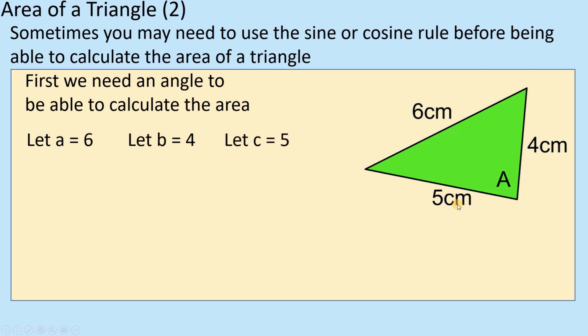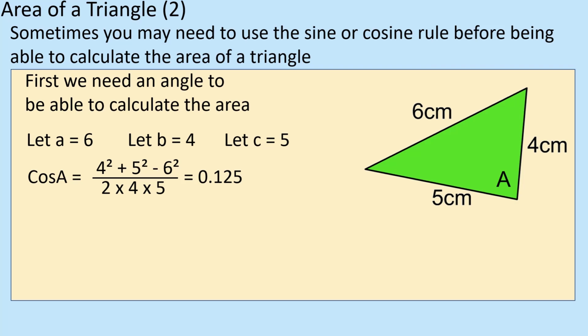And again, it doesn't matter what those are. I'm going to have cos A equals B squared plus C squared minus A squared over 2BC. That's what you've got using the formula. Again, if you're not sure of that one or where that's come from, please look at the lesson on cosine rule.